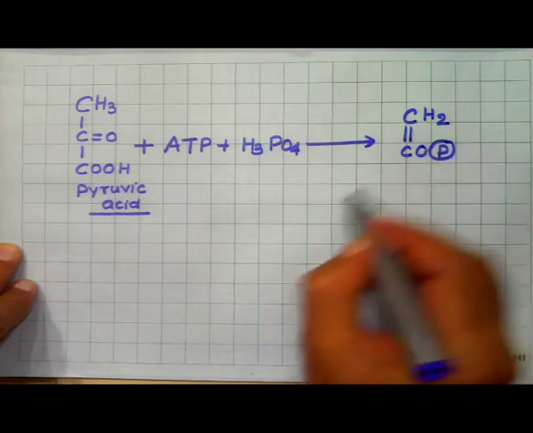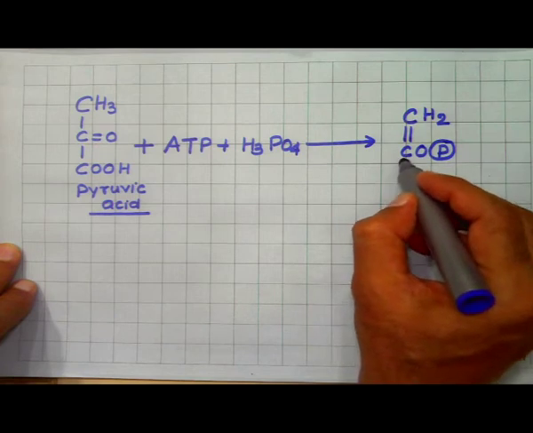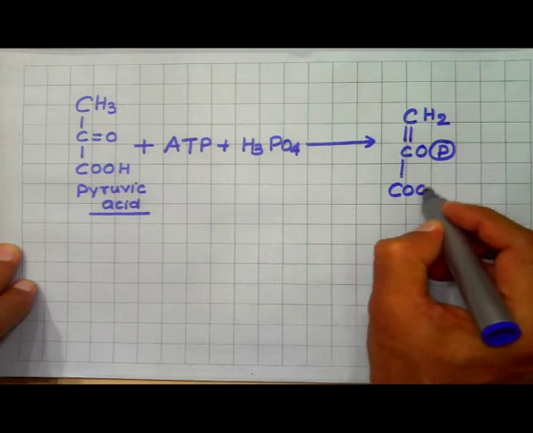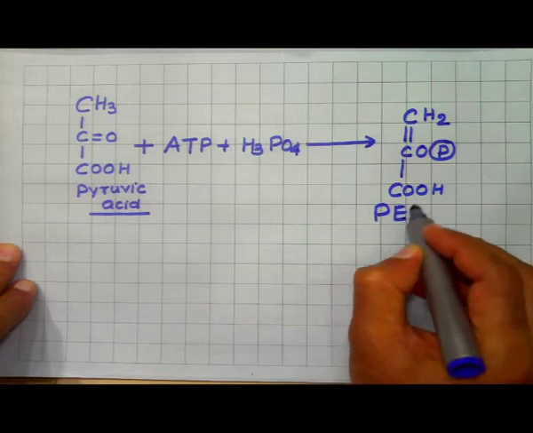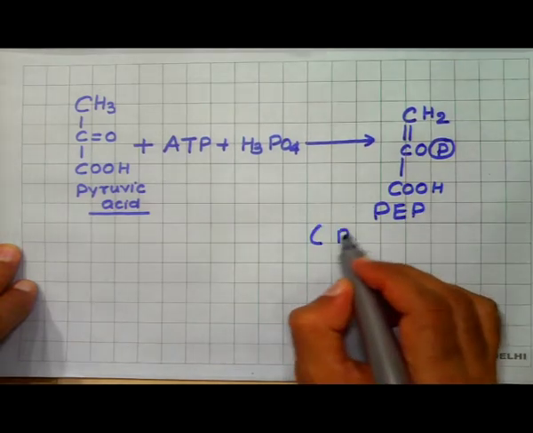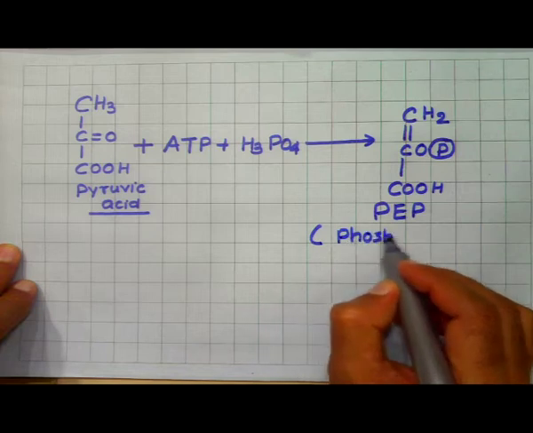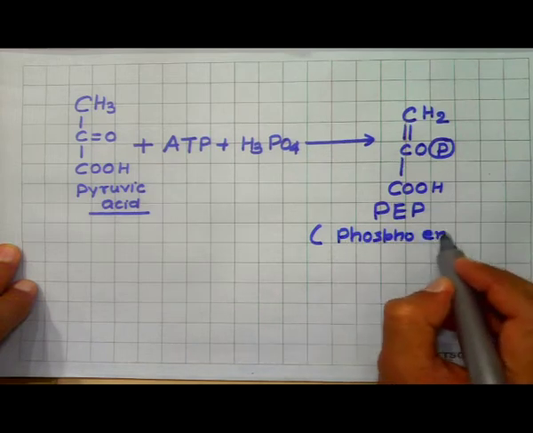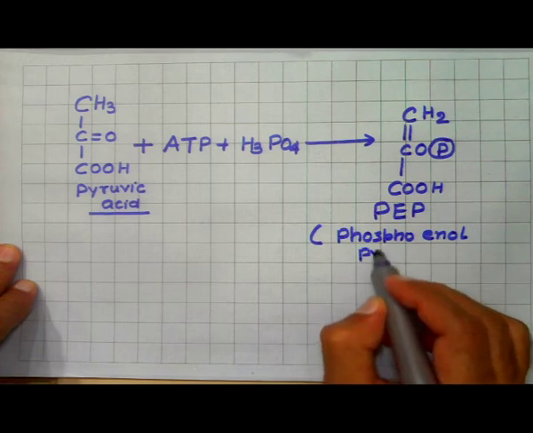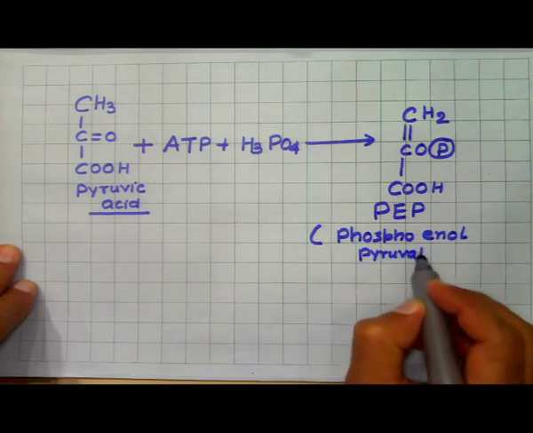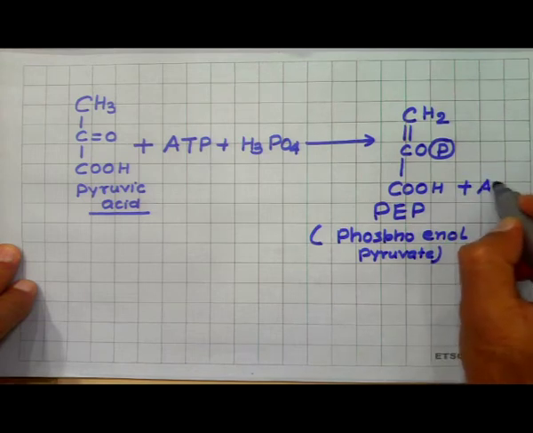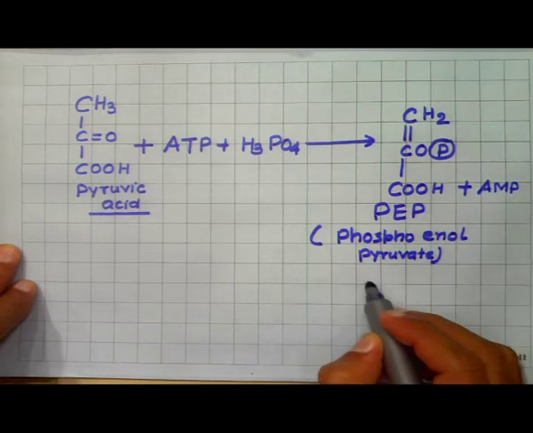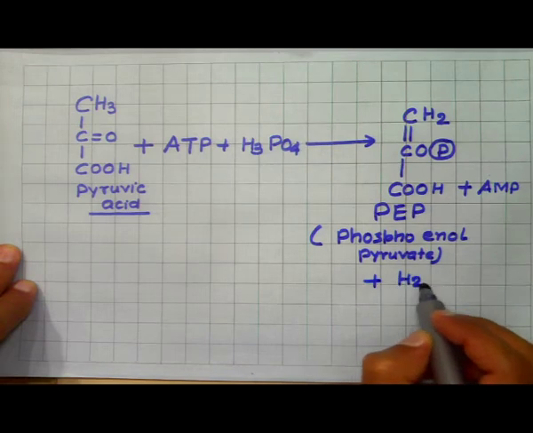From the H3PO4 this phosphate came and COOH. This is PEP, it is also called phosphoenol pyruvate, and the ATP is broken down, it forms AMP plus H2O.